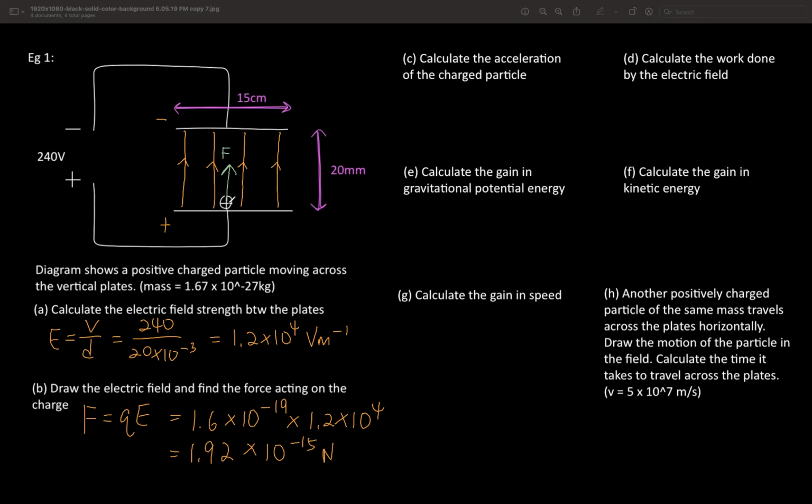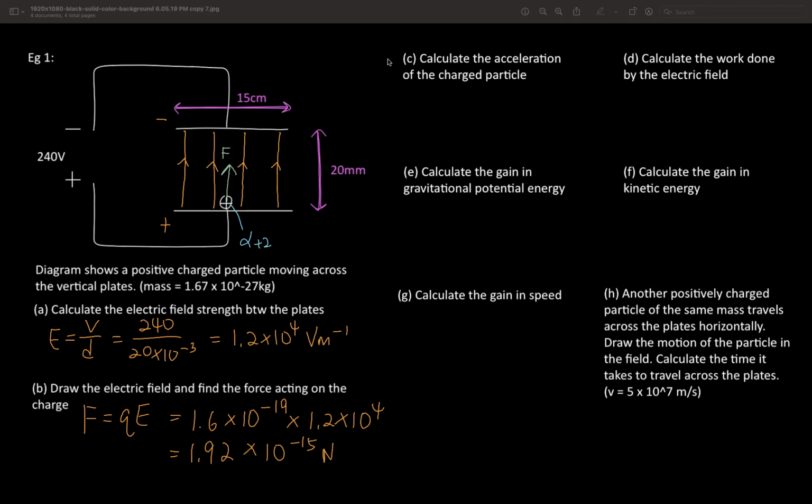Sometimes they give you a beta particle or alpha particle, and then you need to know the charge. If it is an alpha particle, you know it is +2, so you need to multiply by 2, depending on what they give you.